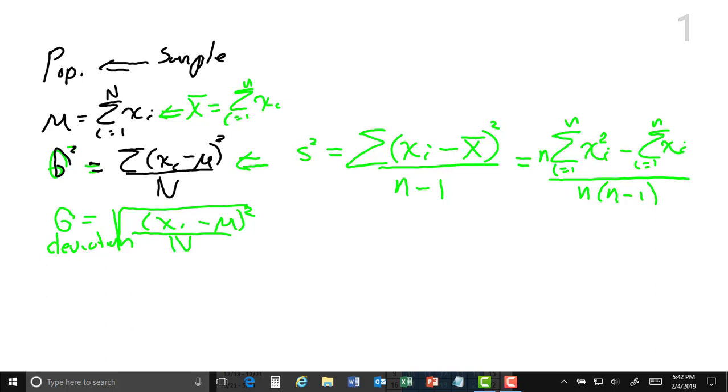This whole thing here is squared. So this is basically adding up all of your observations, add them all up, and square it. And this is just take each observation as you're adding it and square it.